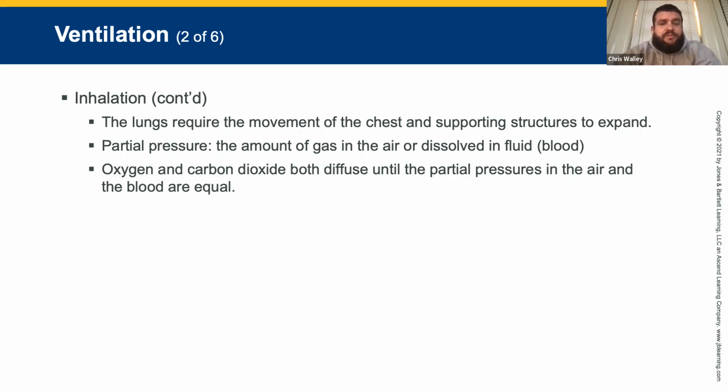The partial pressure of carbon dioxide in the alveoli is 40 millimeters of mercury. The deoxygenated arterial blood from the heart has a partial pressure of oxygen. Here, let me see if I can copy this down, because that is probably important for y'all to know.